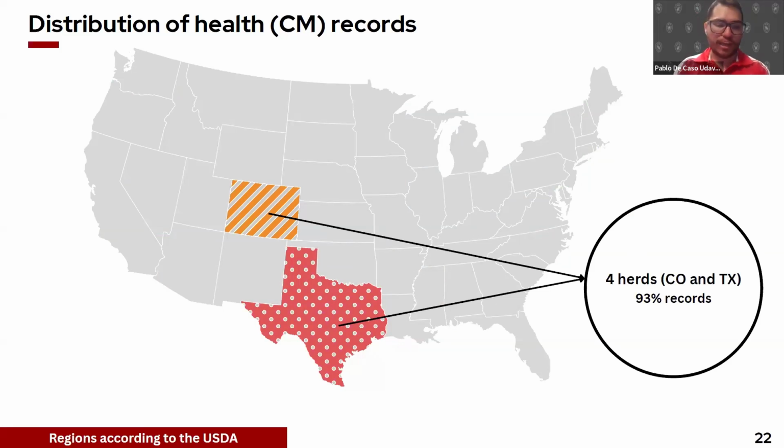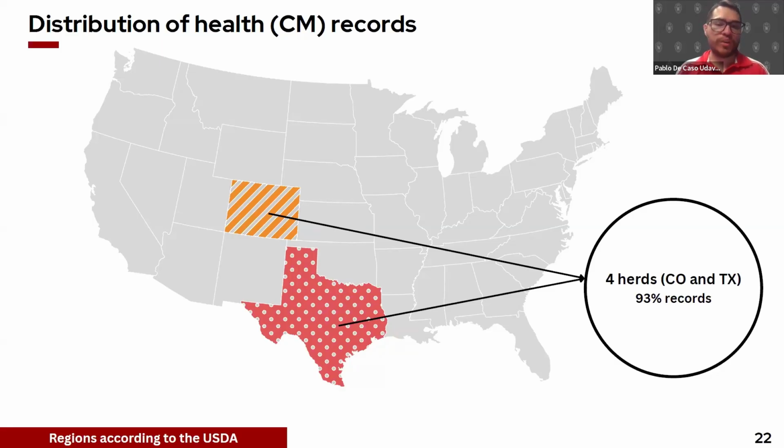And also, I would like to give a word of precaution in that aspect. What this means is that we have quite a huge distribution of records for these specific 4 herds. It does not mean by any means that the other herds or the other regions do not detect clinical mastitis. But what changes quite a bit is the method by which they are recording clinical mastitis. Actually, as part of the National Organic Program, one of the requirements is to keep written and available records.